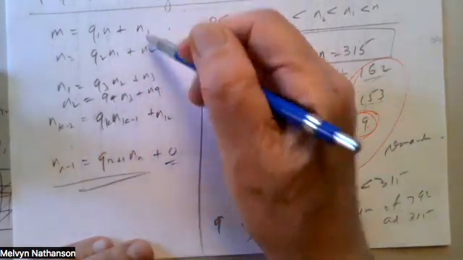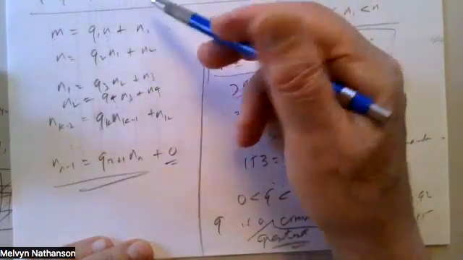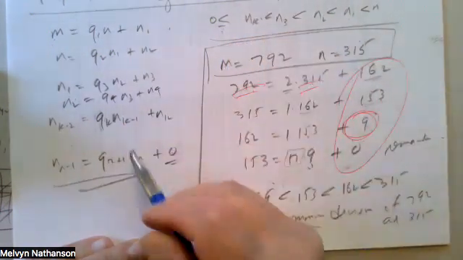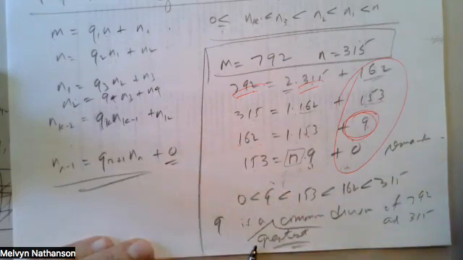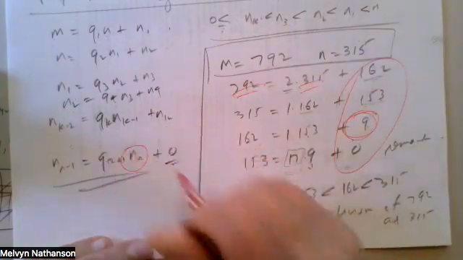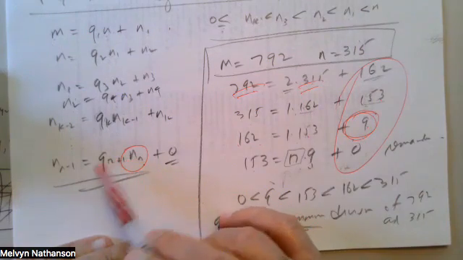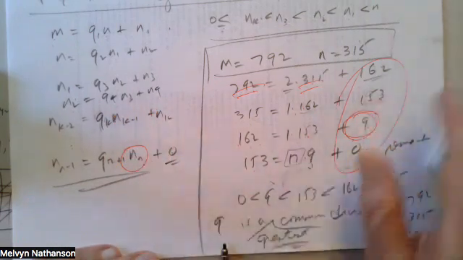And this sequence of remainders is strictly decreasing. They're non-negative integers, so eventually you have to get to 0. And the last positive remainder is the last number you're dividing by, this n sub r. This is a common divisor and the greatest common divisor of m and n.